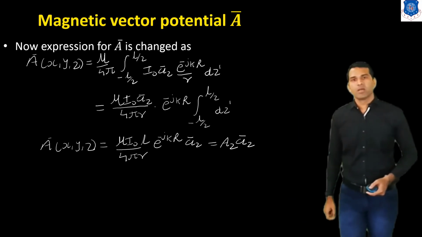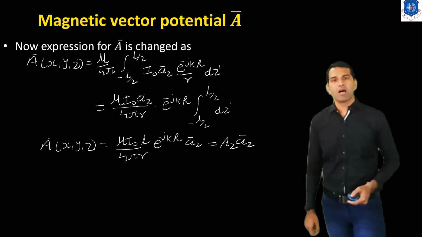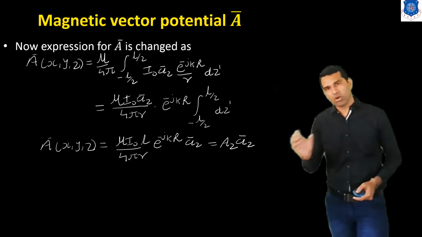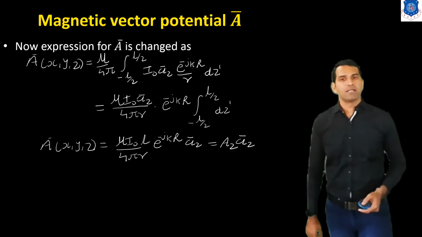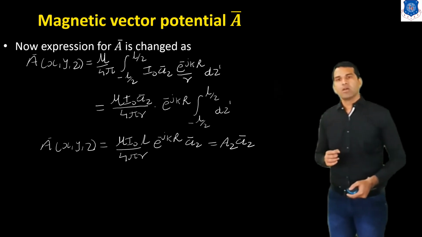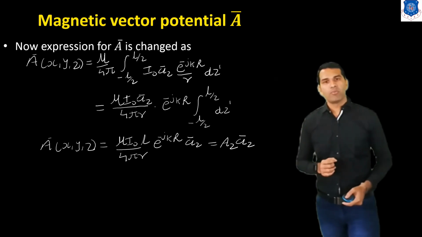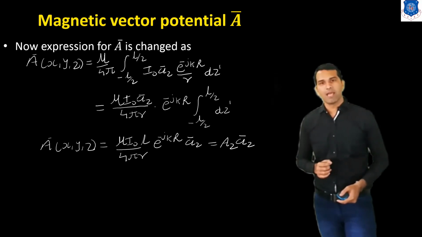So now we solve this equation. We take mu I0 az upon 4 pi r and e raised to minus jkr as common, so the integration is from minus L by 2 to L by 2 of dz dash. Now we solve this equation, so we get mu I0 L upon 4 pi r, e raised to minus jkr, and ar.